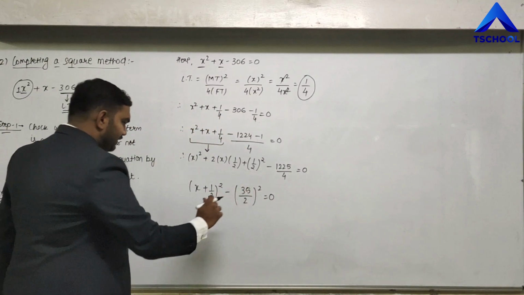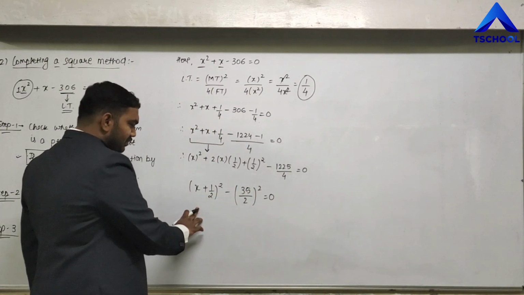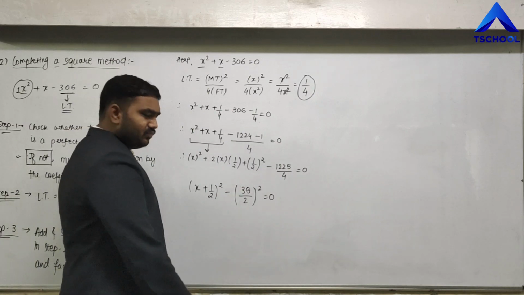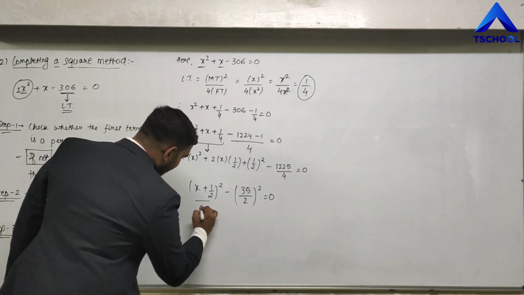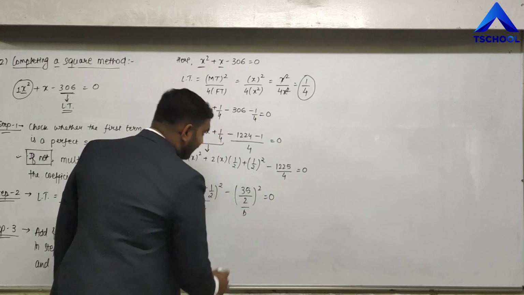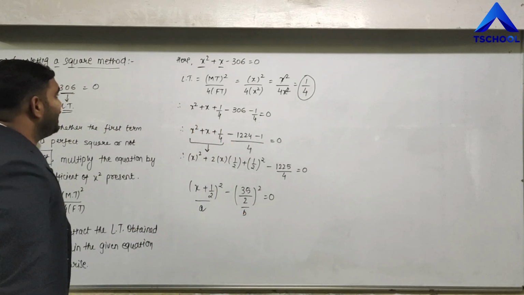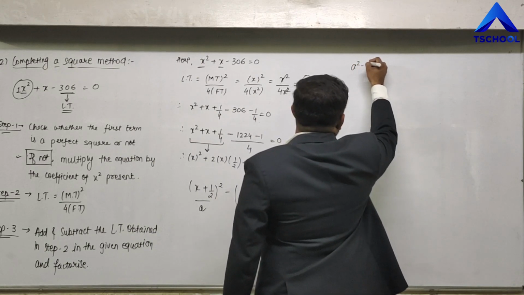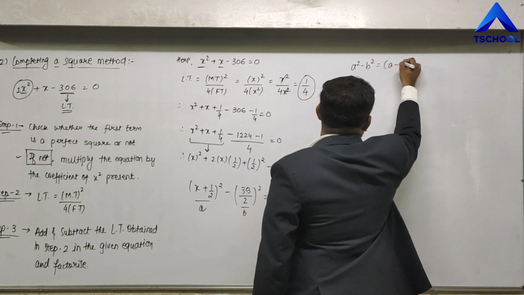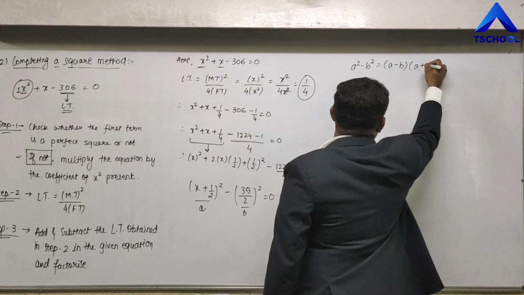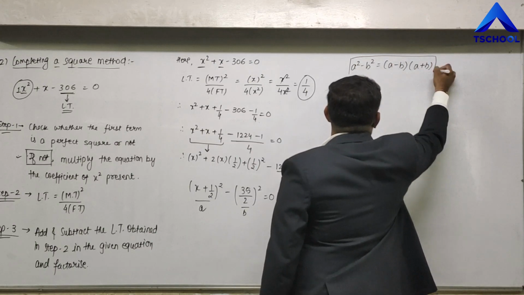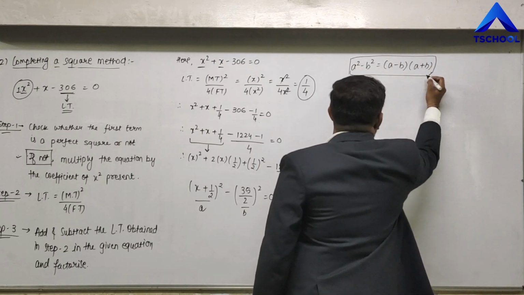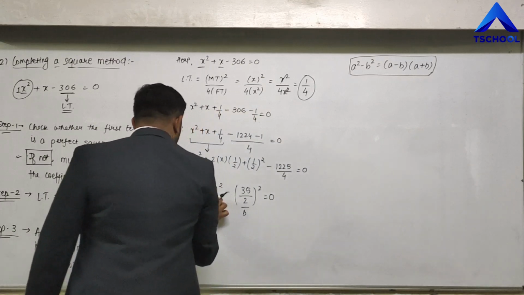So that is a whole square minus b whole square. Assume this whole term as a and this whole term as b. So you might remember the formula, that is a square minus b square, that is a minus b into a plus b. You need to remember this identity that we have already discussed in standard 9, right?